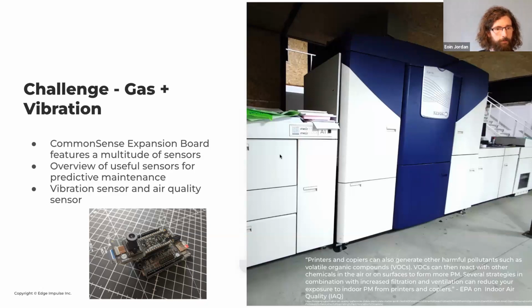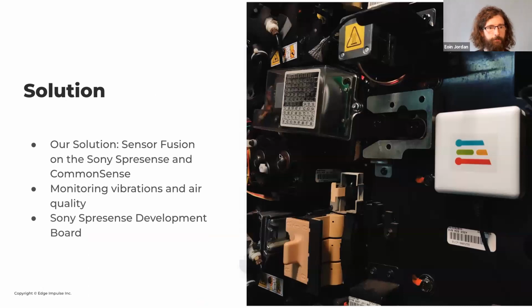And now let's get on to our solution. Our solution is applying sensor fusion. Sensor fusion is the combining of multiple sensors as input to train our model. And you can do this with different types of sensors or similar sensors.